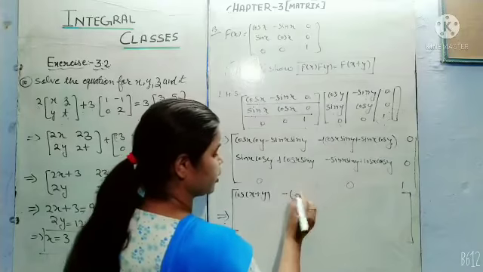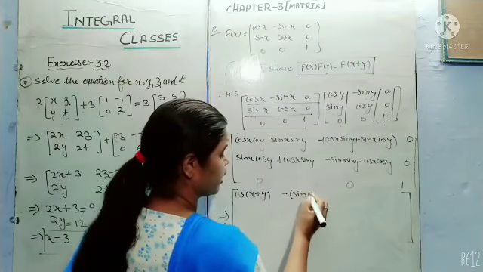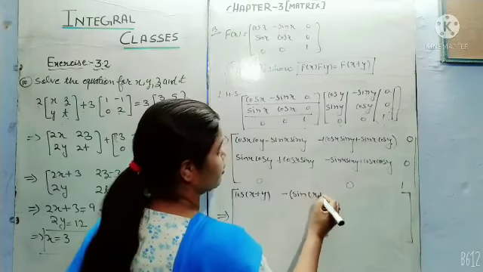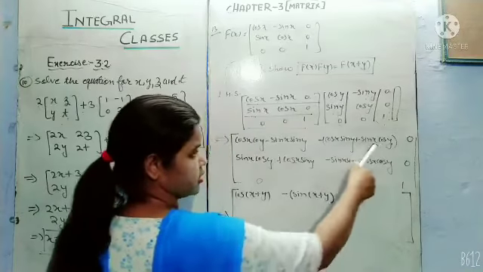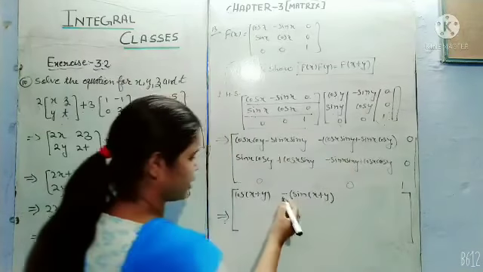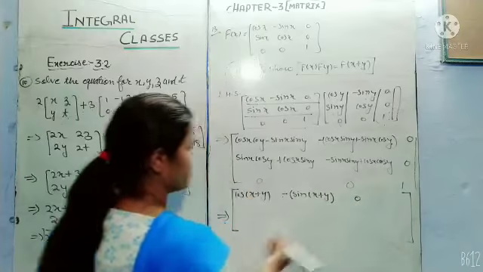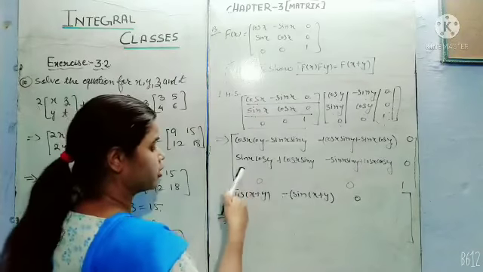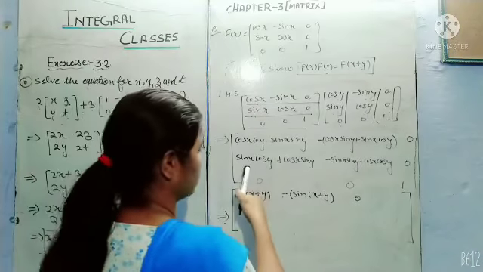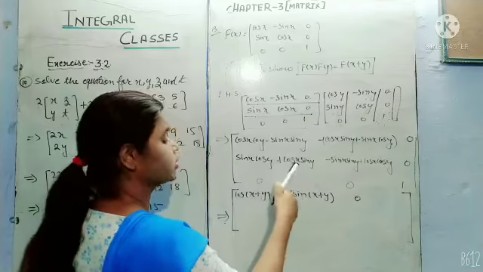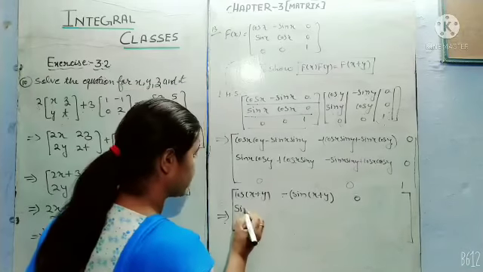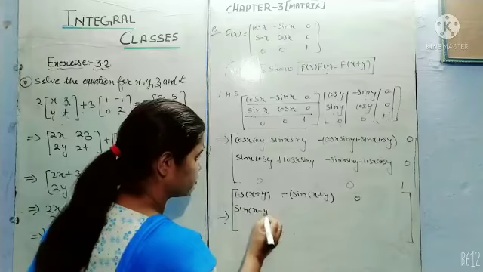So it will become sin(x plus y). Sin A cos B plus cos A sin B. Minus sign is here, 0 is as it is. Again here sin x cos y plus cos x sin y, again sin(x plus y).